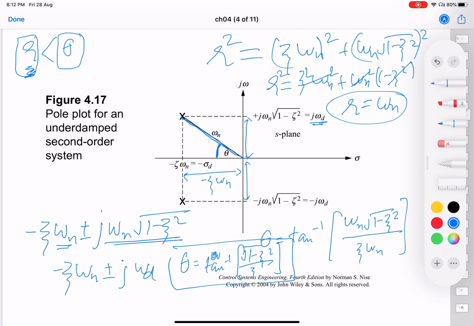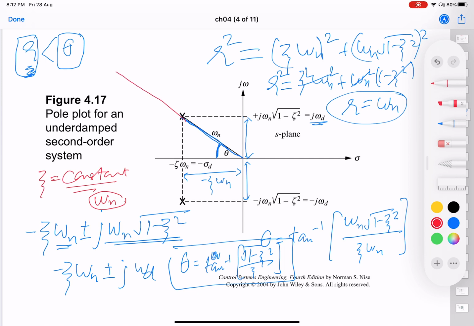So basically, why I'm telling you this is that if you keep zeta constant and you change omega n, then you'll be basically moving along this straight line, right?